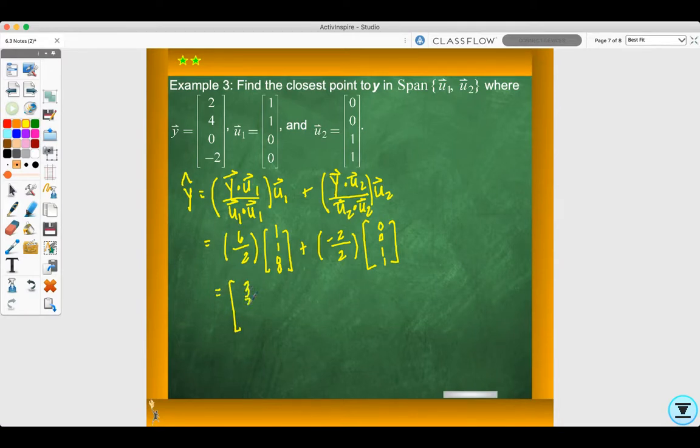This would be 3, 3, 0, 0, plus 0, 0, negative 1, negative 1, which will give me 3, 3, negative 1, negative 1. So the closest point is the orthogonal projection y hat, and that would be 3, 3, negative 1, negative 1.